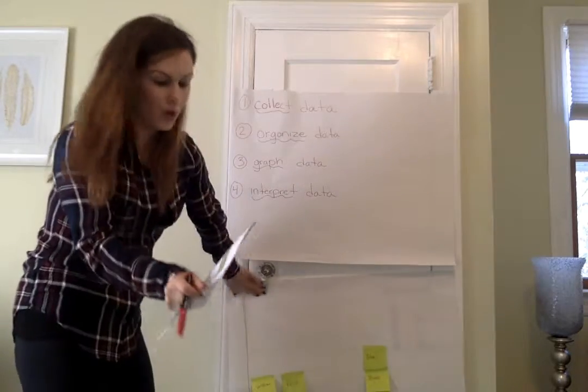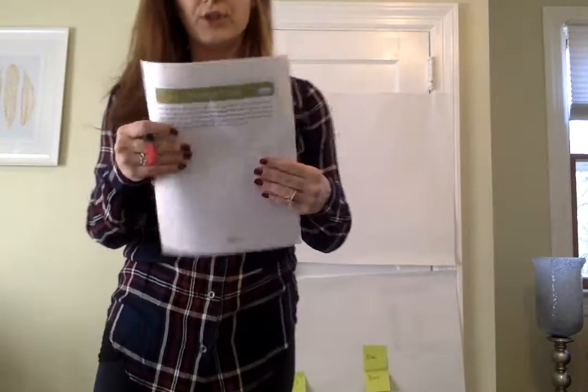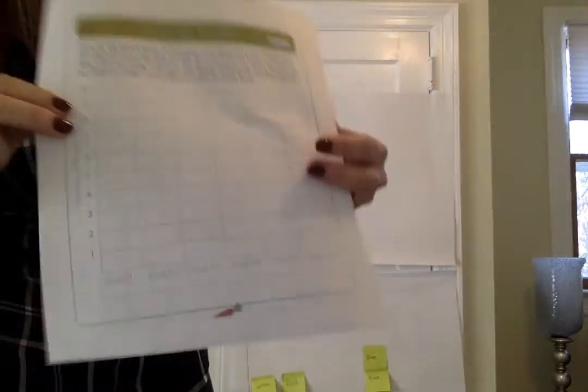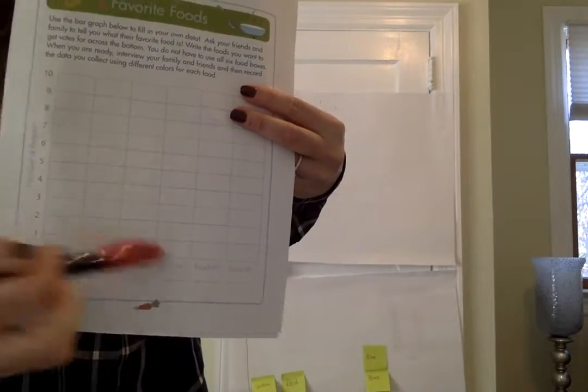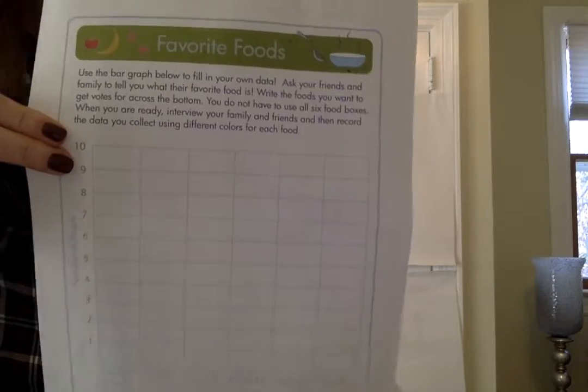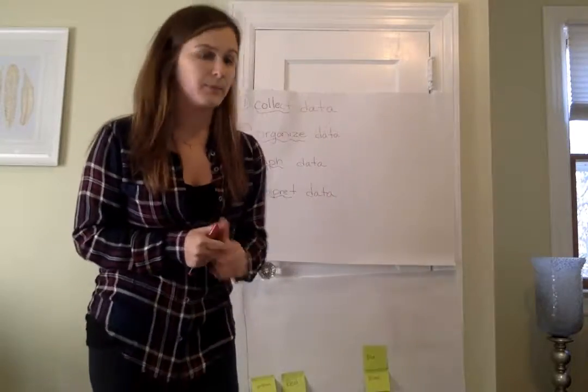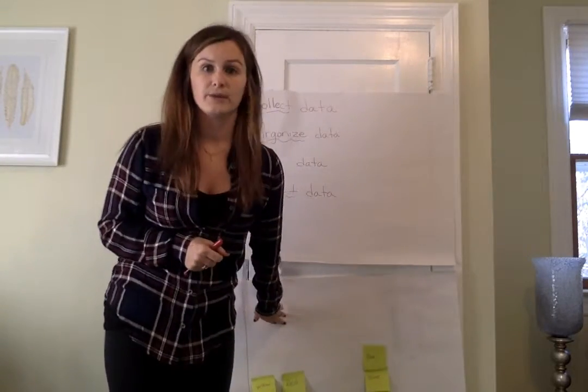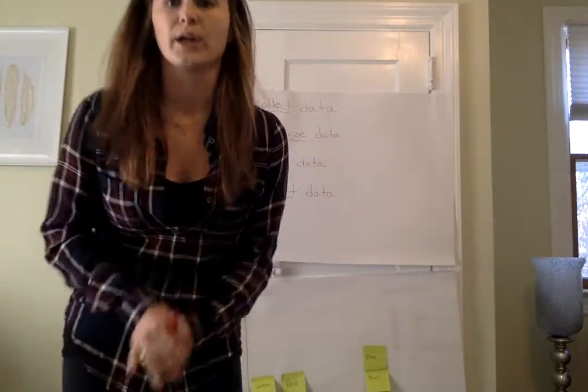Okay? And for homework, what you're going to do is you're going to interview your family and friends on their favorite food, and you're going to graph that data, and we're going to share as a class when we get back. Okay? Now, I want you to go back to your seats. I'm going to pass out the graphing paper, and we're going to complete our classroom favorite color bar graph sheet. I will be conferencing and walking around to help.